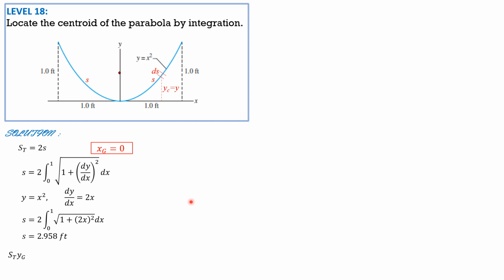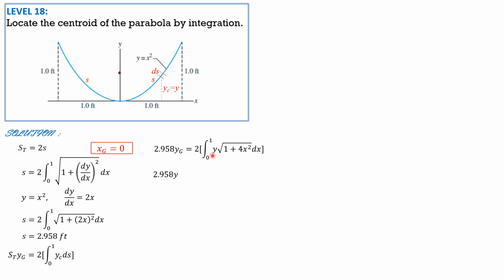So by Varignon's theorem, S total yg equals 2 times integral from 0 to 1 of y sub c ds. So S total 2.958, yg equals 2 times integral 0 to 1 of y square root of 1 plus (dy dx) quantity square dx, which is (2x) quantity square or 4x square dx.